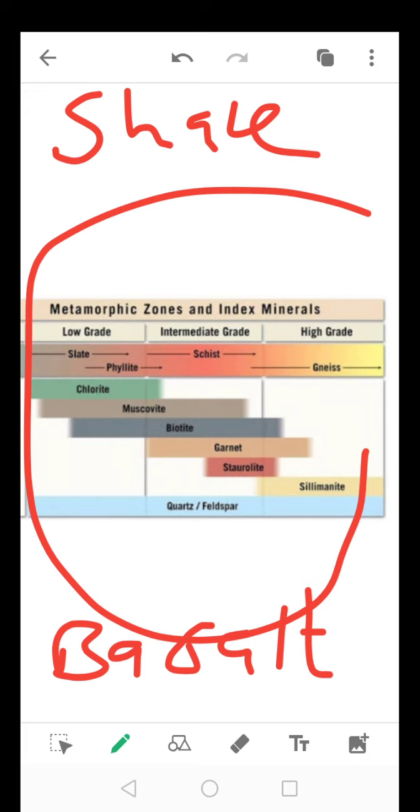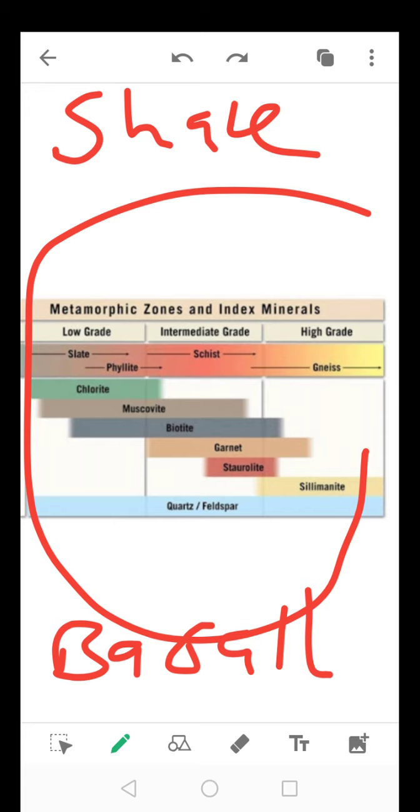You can tell that the first mineral likely to appear in a low grade is a green mineral, which is chlorite. The chlorite and muscovite, even a little bit of biotite, mark the low grade. So they are the index minerals, and in this case, they serve as good markers. They mark different grades.